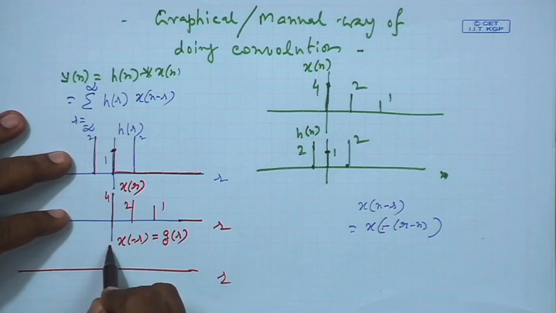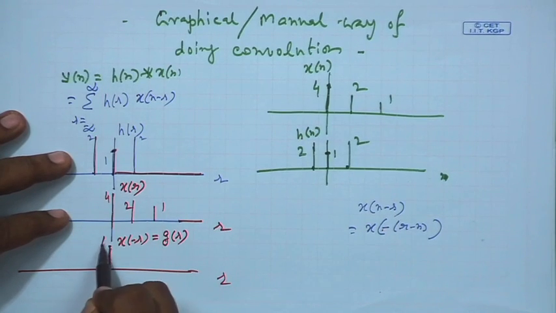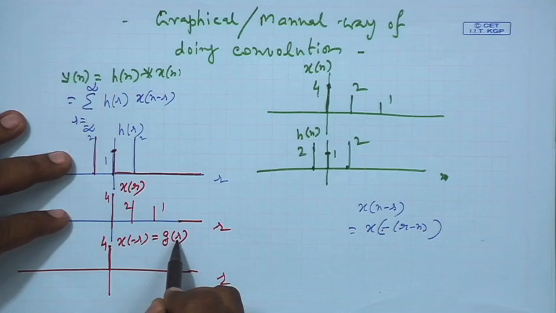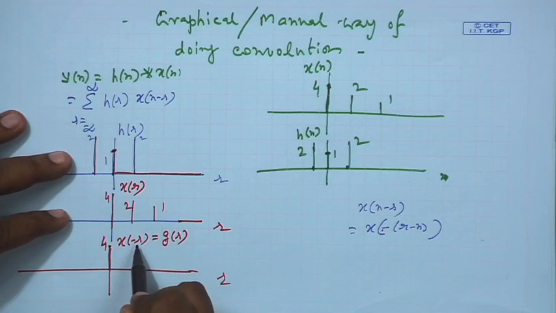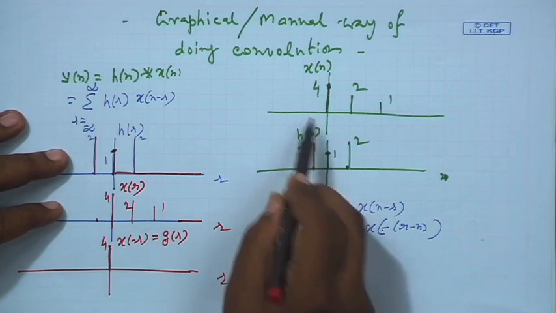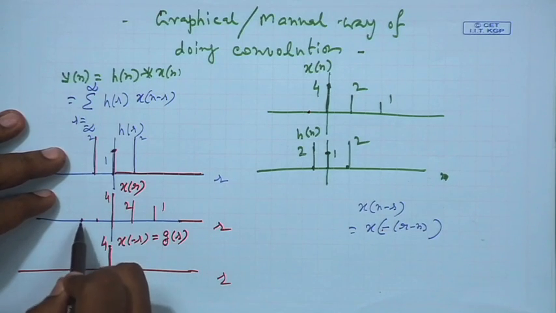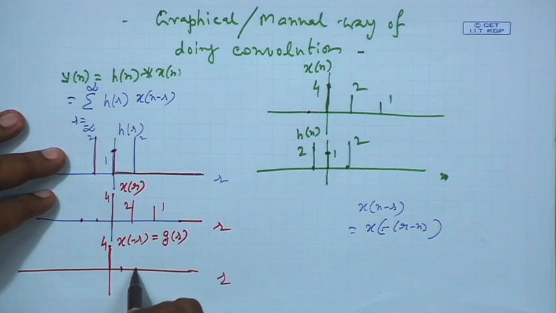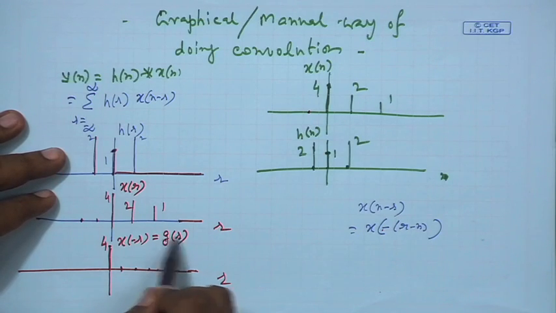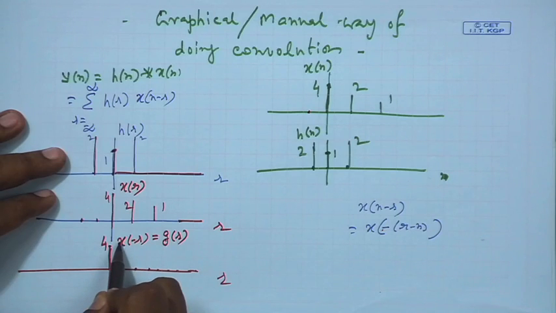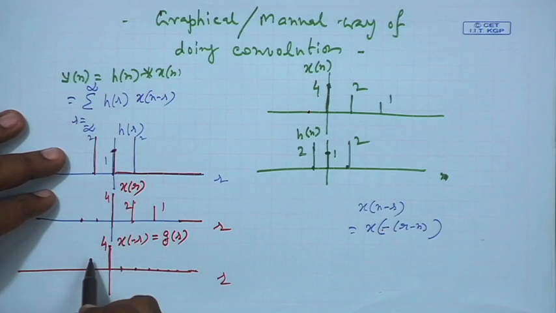x 0 is 4, so g 0 remains 4. What is g 1? g 1 is x of minus 1, but x of minus 1 was 0. So, this is 0. What is g 2? x of minus 2, x of minus 2 here is 0 value. So, 0 and so on and so forth zeros. What is g minus 1? g minus 1 means x of minus minus 1, so x of 1. x of 1 was 2.